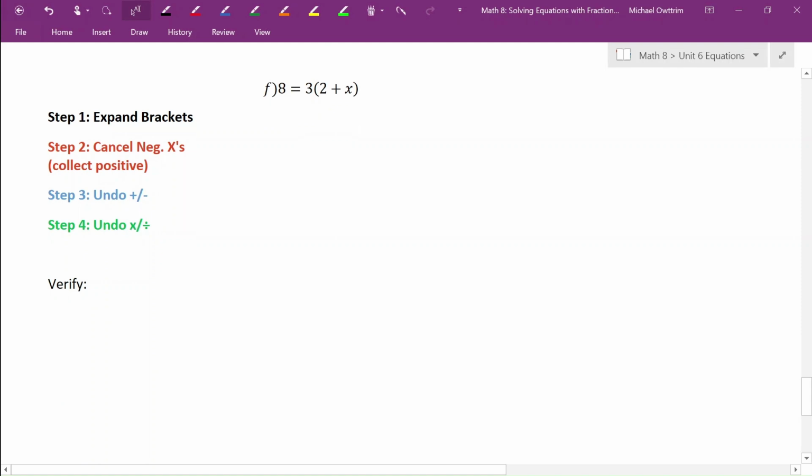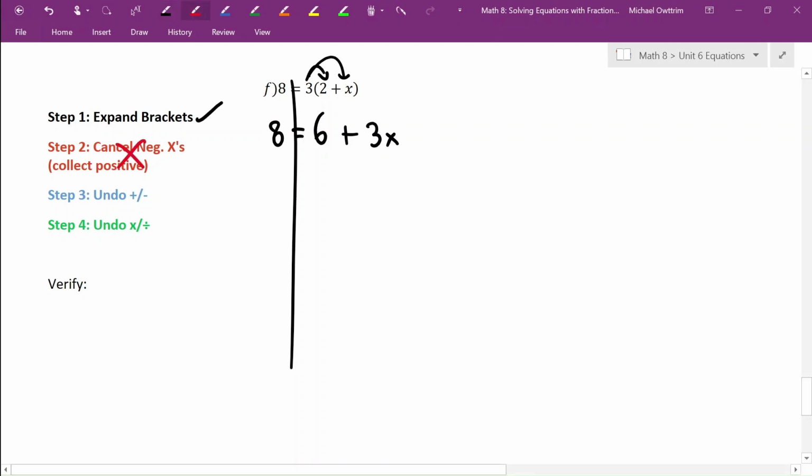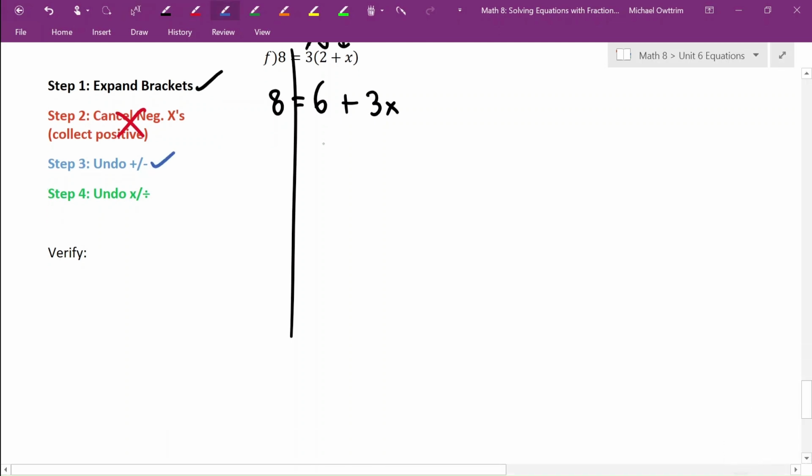In question F, we again have some brackets to deal with, so we're going to expand in our 3. 3 times 2 is 6. 3 times x is 3x. And there were no brackets on the left side, so it's just 8. We don't have any negative x's to deal with in this equation. We are going to undo addition or subtraction. The opposite of plus 6 is subtract 6, and we'll do that to both sides. 6 and minus 6 cancel out, leaving us with our 3x.